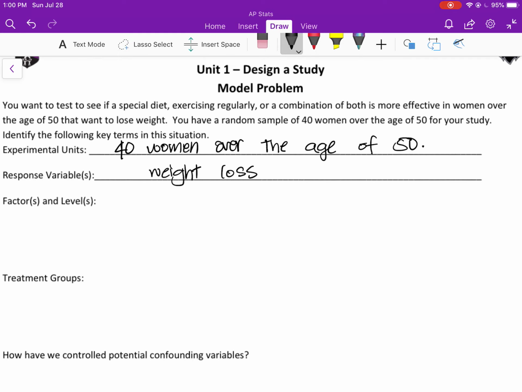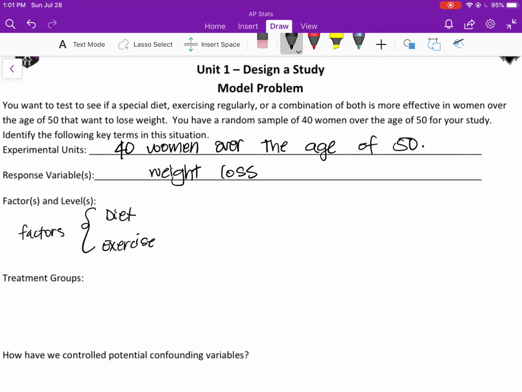Okay. So here we get into the factors and the levels. So again, the factors are the variable whose levels are being changed, right? So what is it that we're doing to these people? So for the factors, we got diet and we got exercise.